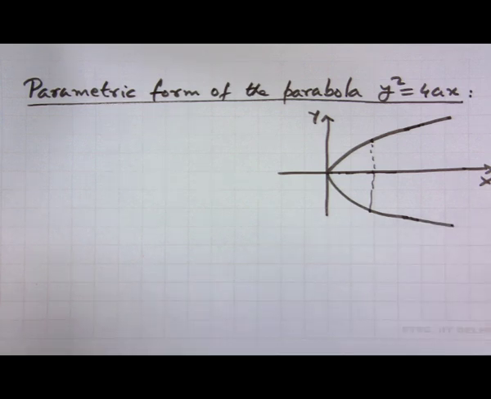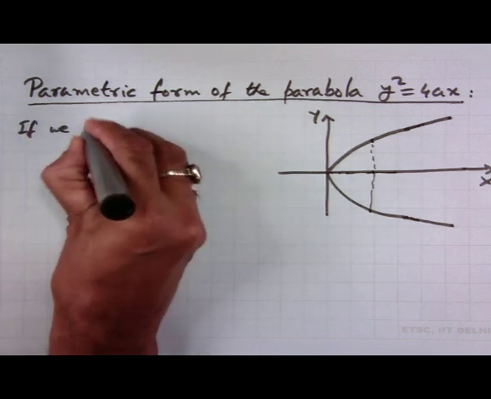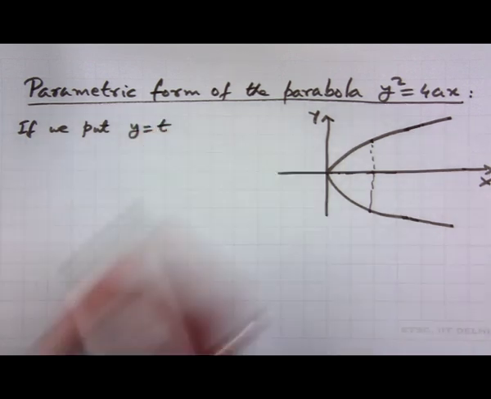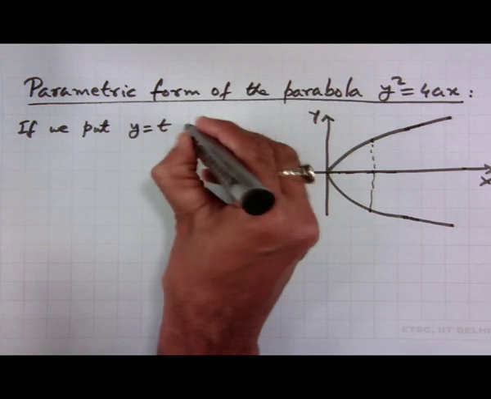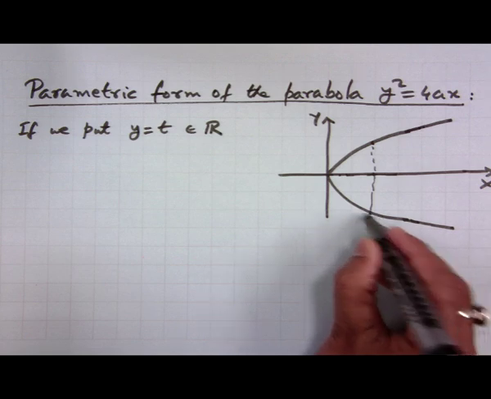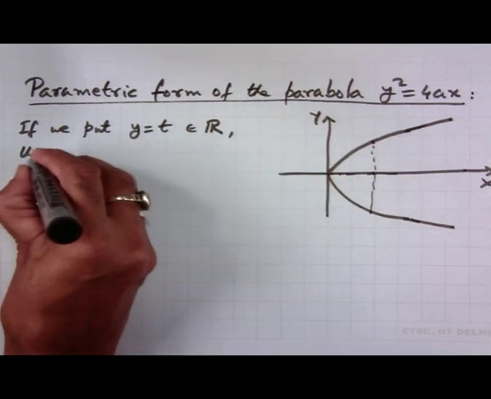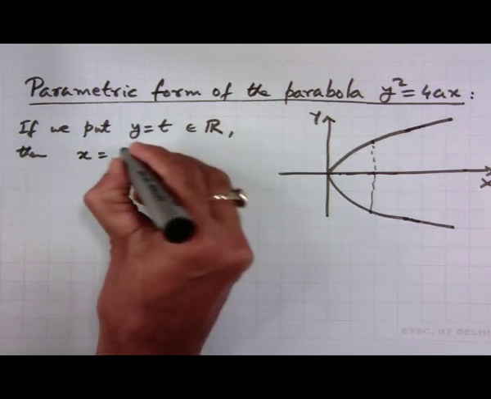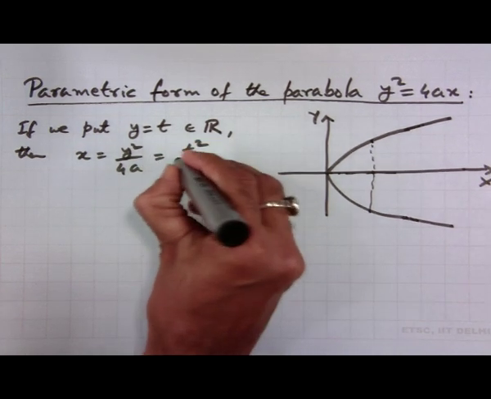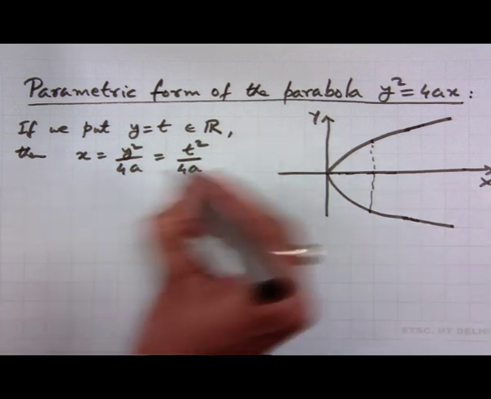Right. So, if we put y equal to t, where t is any real number, so y can take values from minus infinity to positive infinity, then x is equal to y square by 4 a, which is t square by 4 a.